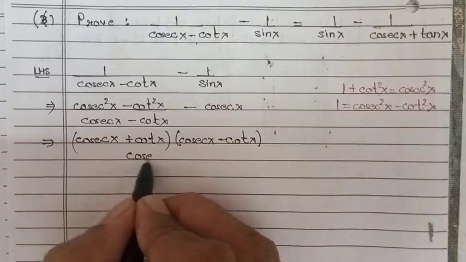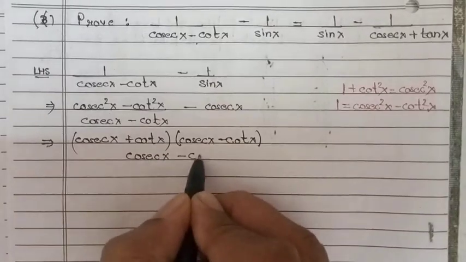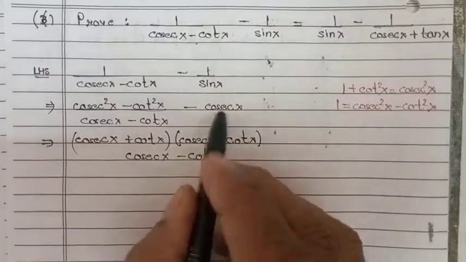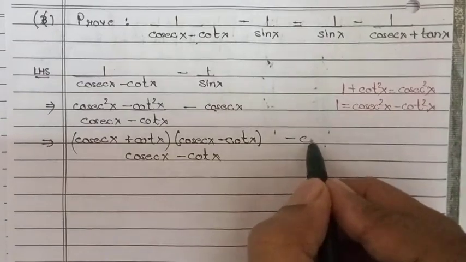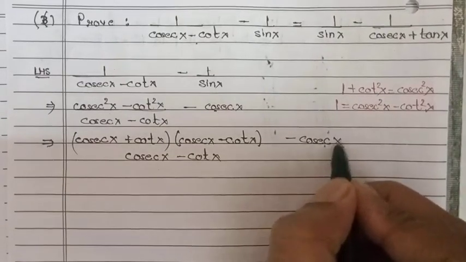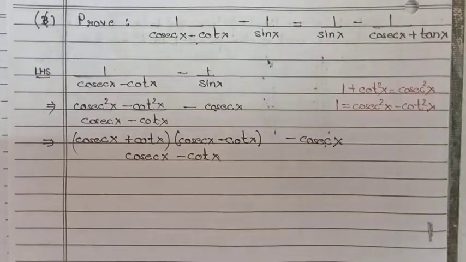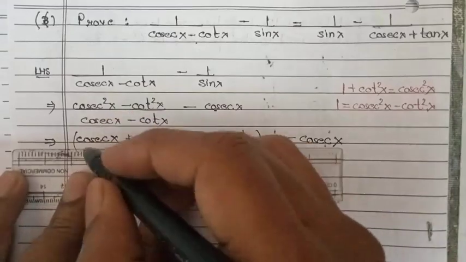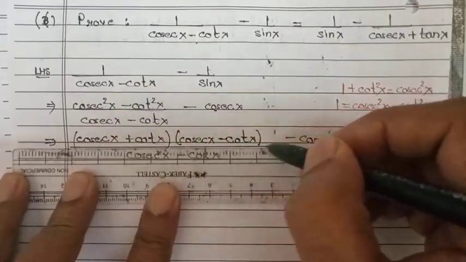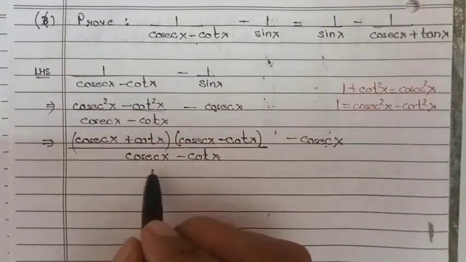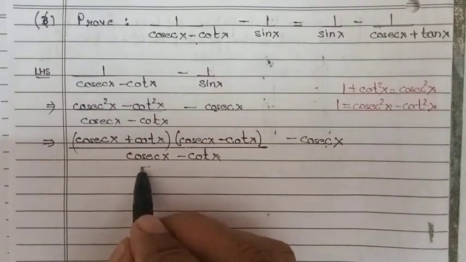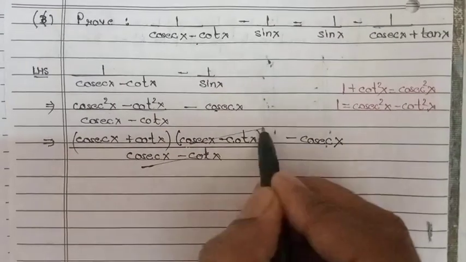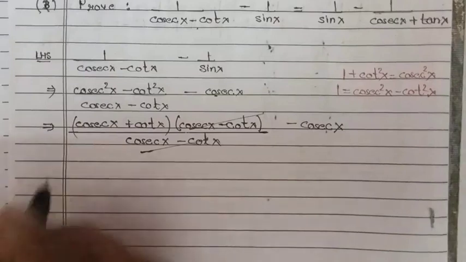Denominator you have cosec minus cot, and then you have minus cosec x, right? So we have used over here this factorization a square minus b square. See, so what will happen, this cosec minus cot will cancel out in the numerator and denominator place.